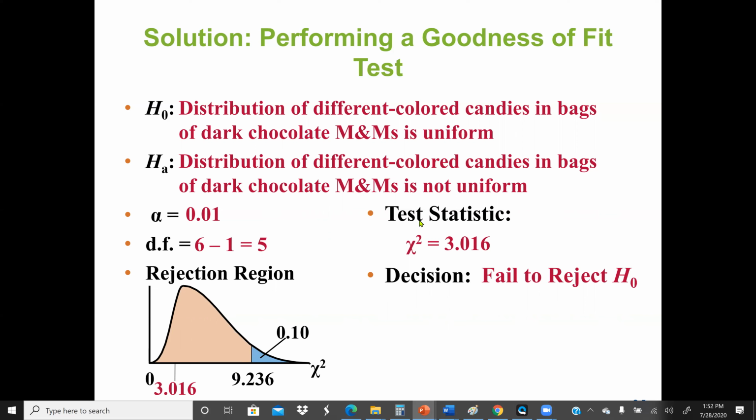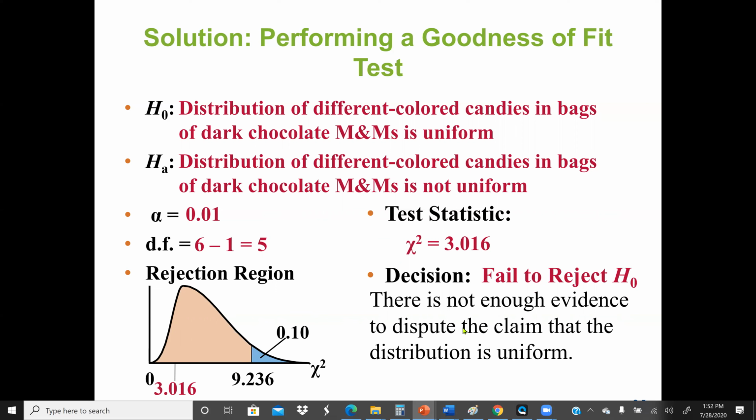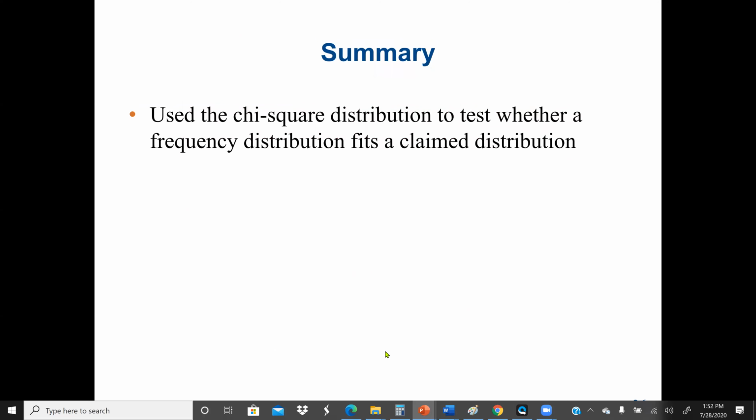So now I'll find the test statistics, which we did. So when we do the test statistics, we get 3.016, which means we fail to reject H0 because in the area is to accept H0. So that will be, again, conclusion for chi-square distribution to test whether frequency distribution fits a claim.